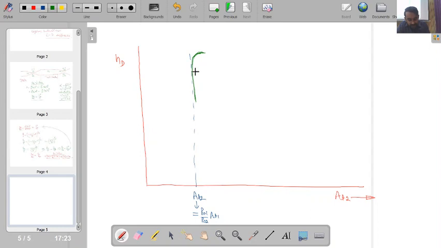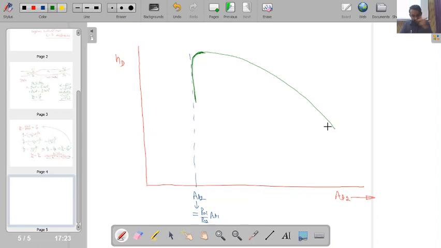In this portion, efficiency has a sudden fall. Okay, on the other hand, if you keep on increasing the area, then you will find that your efficiency will keep on decreasing. Okay, this is one important point.